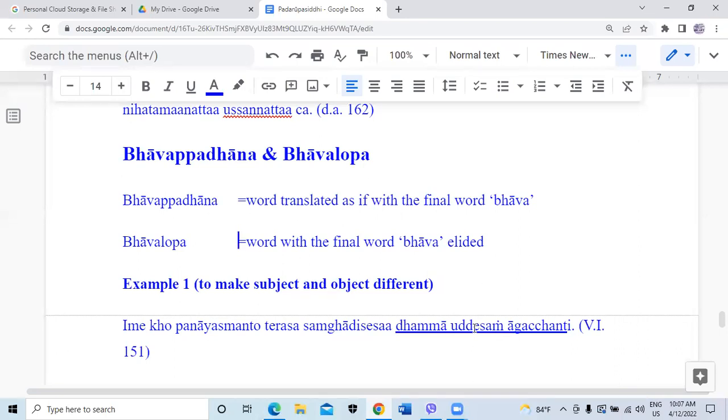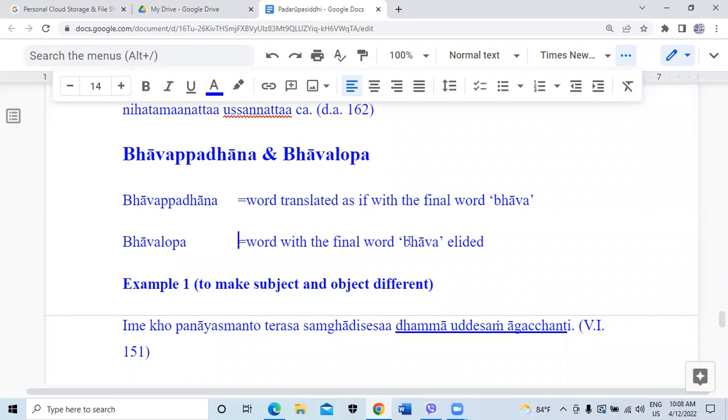Or another way: uddesa has the word Bhava elided. Because of the elision of the word Bhava, we call it Bhavalopa.